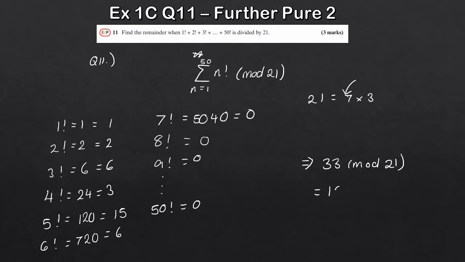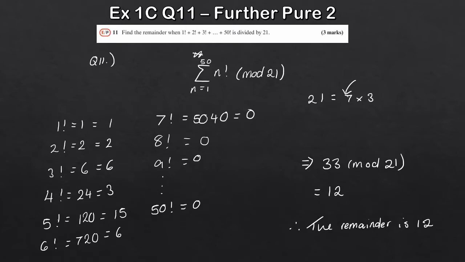Okay, so I was getting my numbers the wrong way around. So that's equal to 12. What we've essentially found there is that the remainder is 12. So a pretty standard question there. Once you've done one, they're all pretty easy, so hopefully that one has given you the knowledge to do the rest of them of that type.